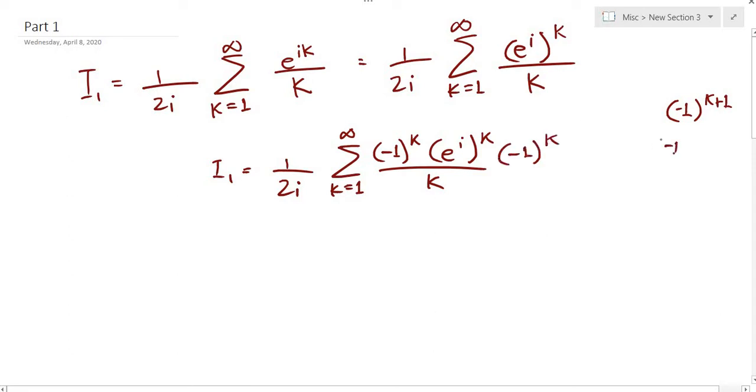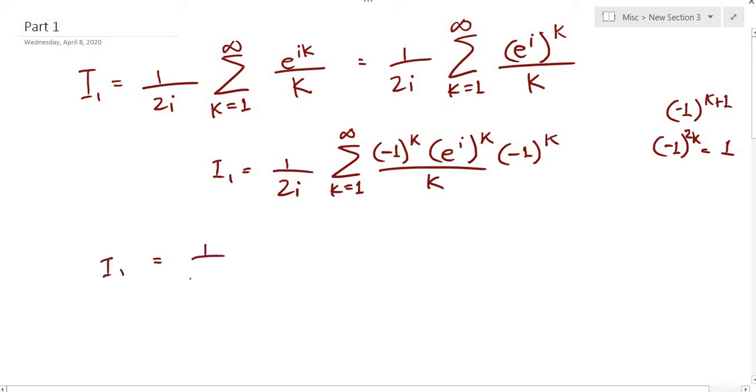Because negative 1 to the kth power twice, or negative 1 to the kth power squared, or negative 1 to the 2kth power, is negative 1 to the second power, which is 1 to the kth power. 1 to any power is 1. So on multiplication these two things just become 1. So great, on multiplication we can revert back to our I1. So this equality holds now.